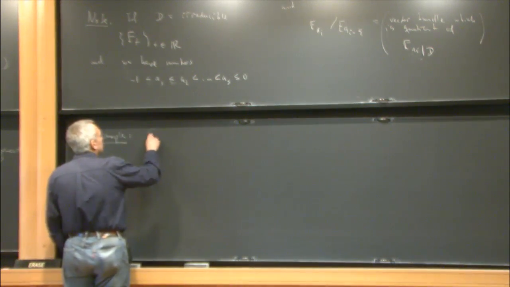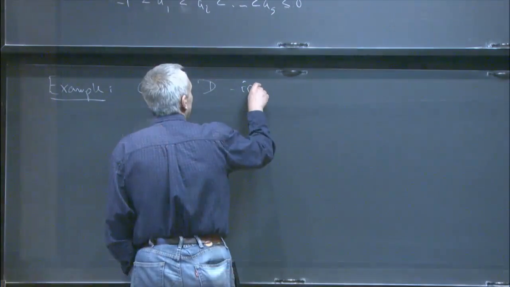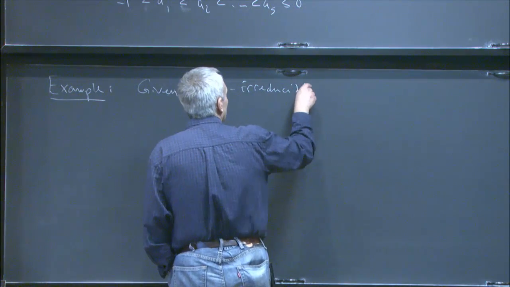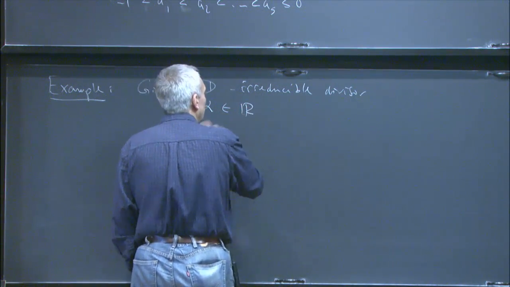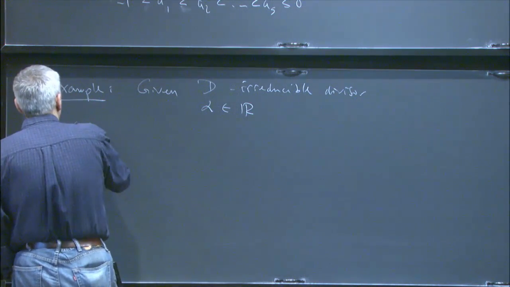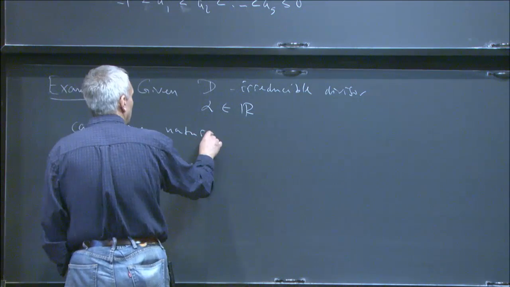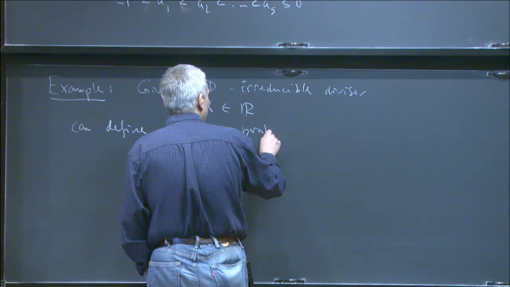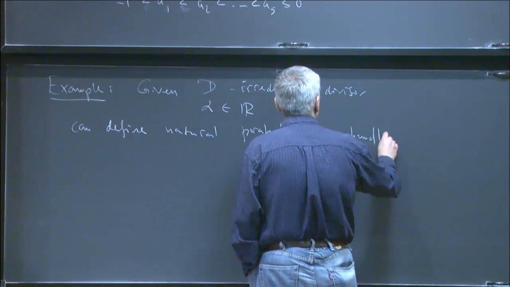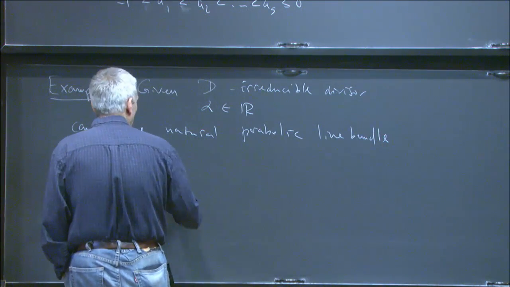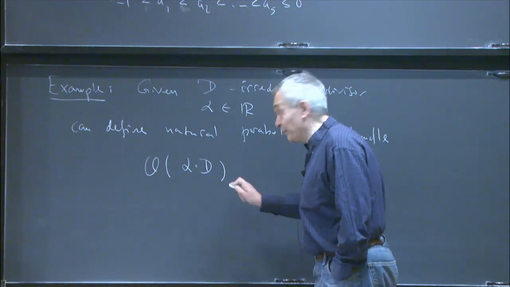So, given D, an irreducible divisor, and alpha, a real number, we can define a natural parabolic line bundle. I'm going to call it O of alpha times D. So it depends on one parameter.